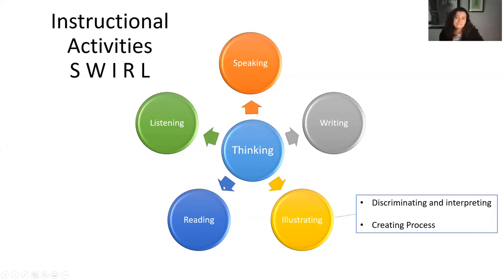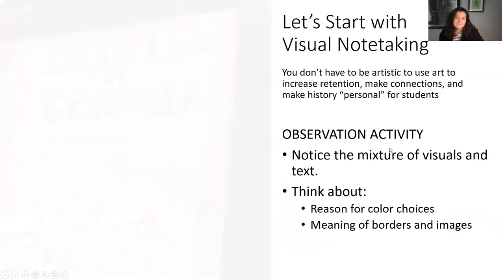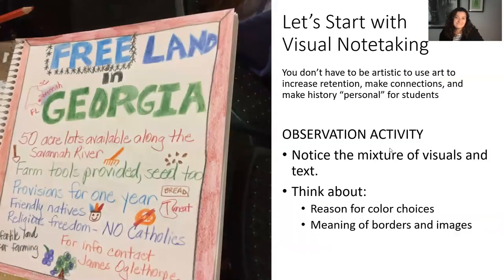So this session will rely heavily on all of the letters of SWIRL. In case you didn't visit us for part 1, we hope that you are doing some visual note taking today, which doesn't mean to draw your notes. It means think about how you use color and size and imagery to organize and make meaning of your thoughts.